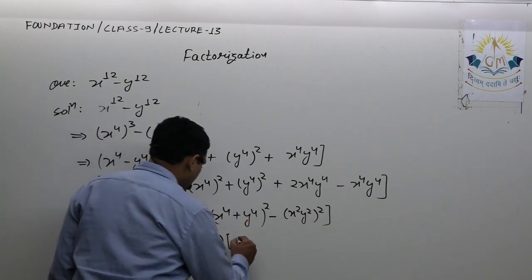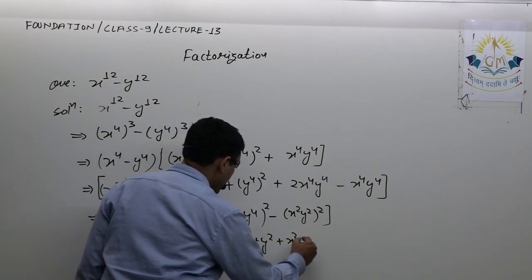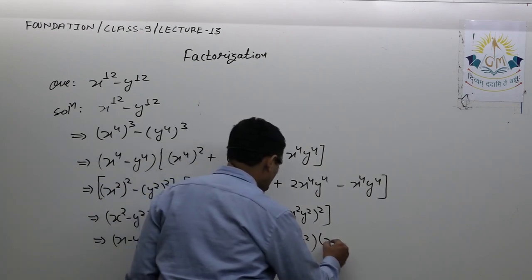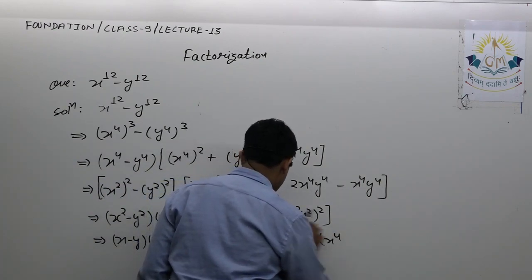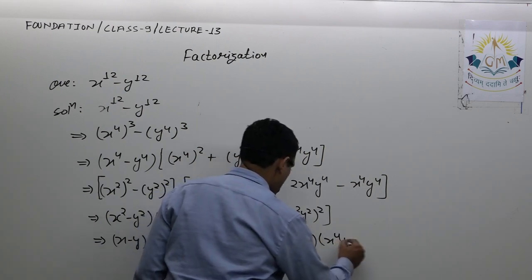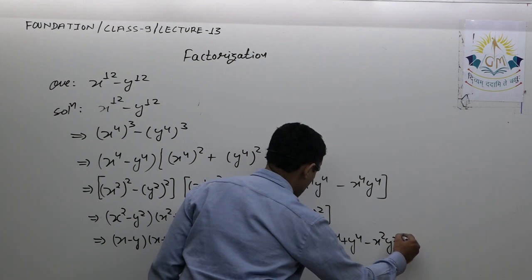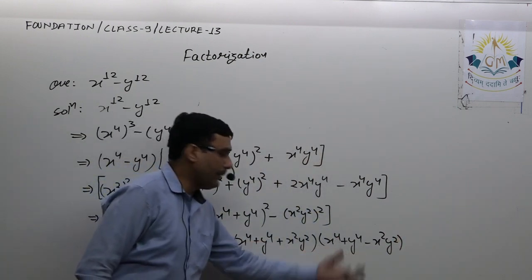So here it will be a plus b into a minus b, isn't it? A plus b, a minus b.